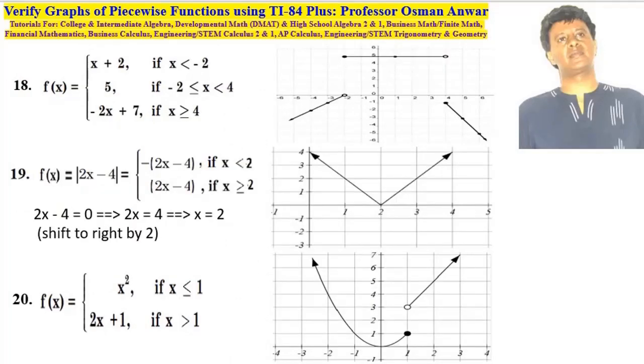Then here we have f of x is x plus 2 if x is less than minus 2, and it is constant 5 if x is between minus 2 and 4, and it is minus 2x plus 7, the negative slope, if x is greater than or equal to 4.